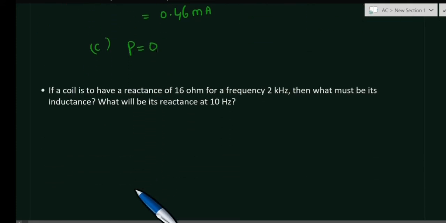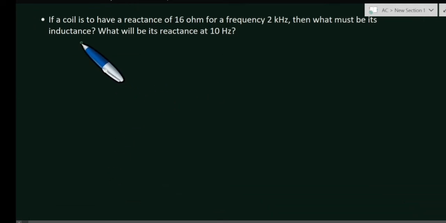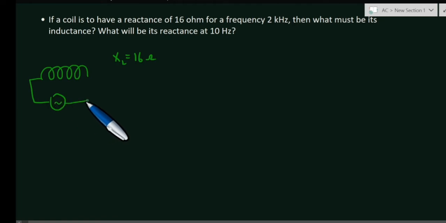And the next one: if a coil is to have a reactance of 16 ohm for a frequency of 2 kilohertz, they have given a coil. The coil is nothing but an inductance coil. The coil is having a reactance, that is XL is equal to 16 ohm, when connected to AC of 2 kilohertz.